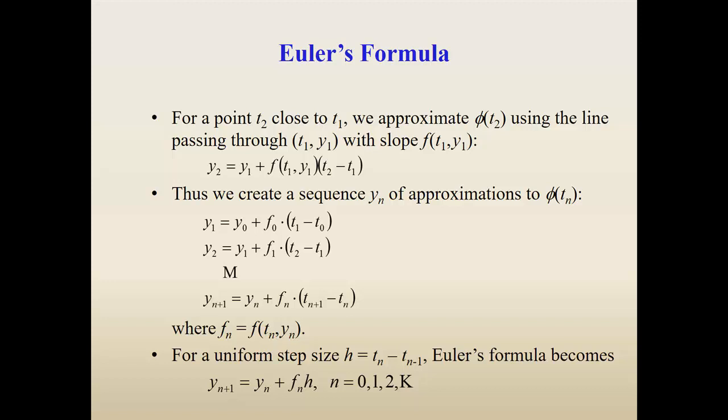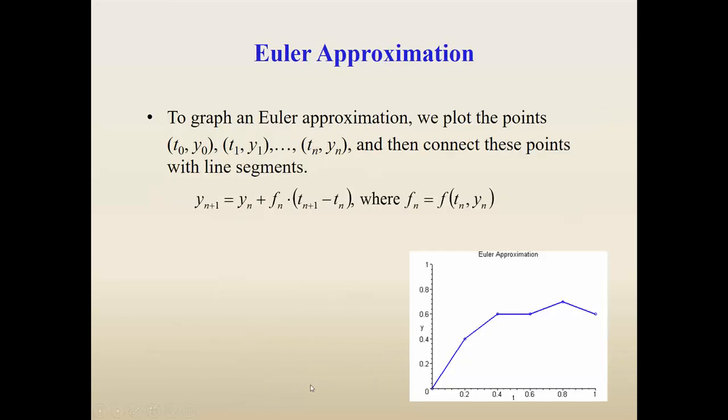Assuming that uniform step size, and assuming that we call this f sub n, the rate function at t sub n, y sub n, or at time step n, the next time step is going to be y sub n plus 1, based on the current value of y plus the current slope times your step size. And we do this over and over and over again.